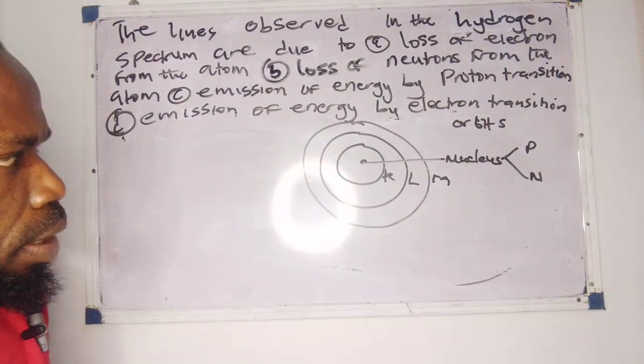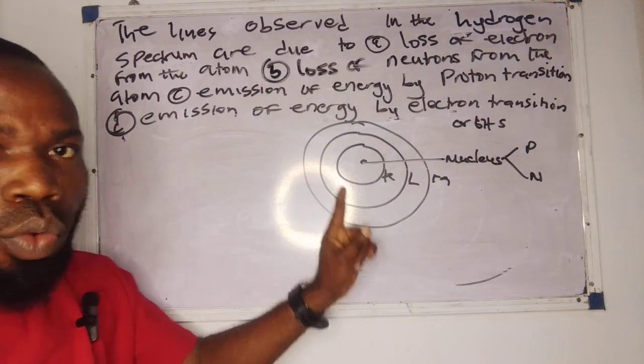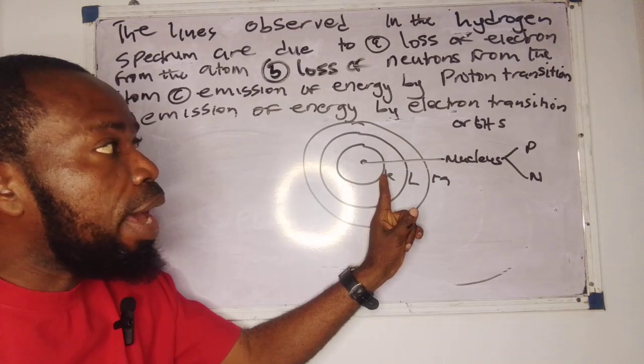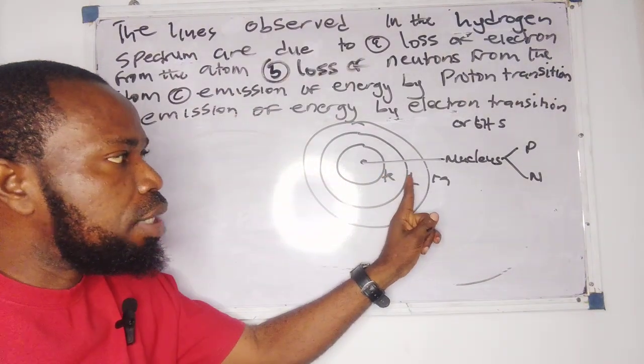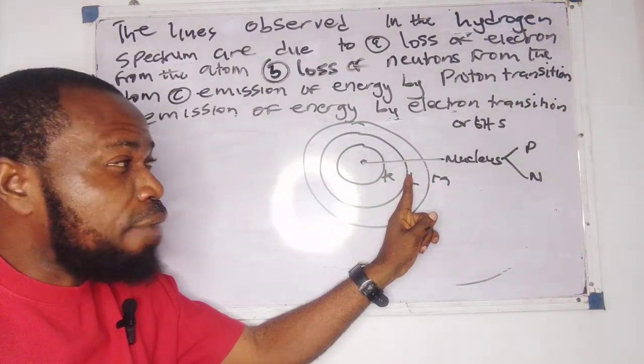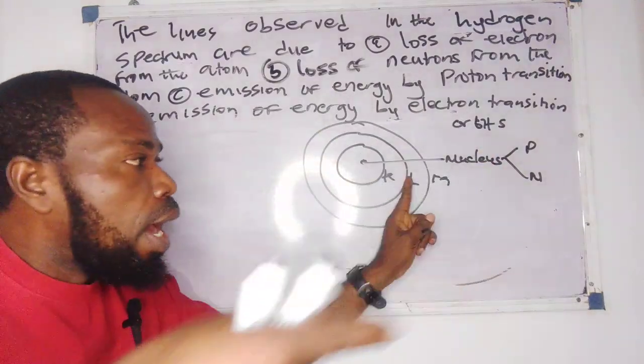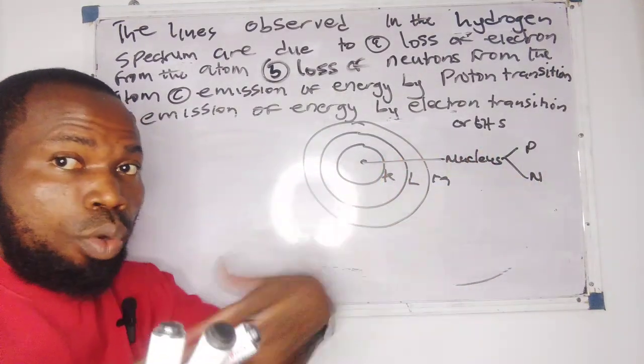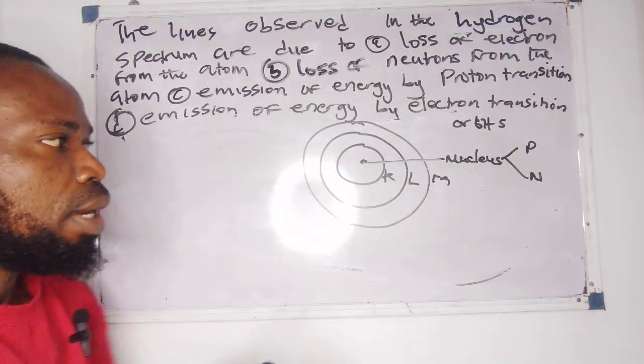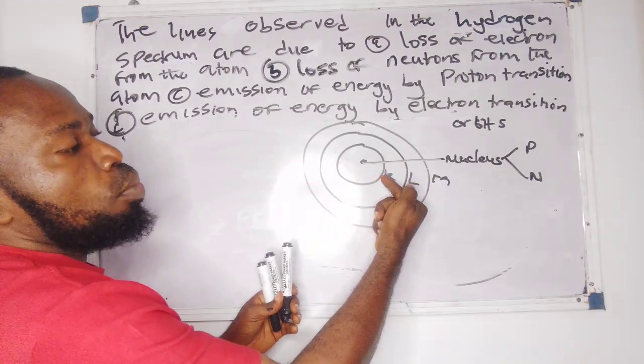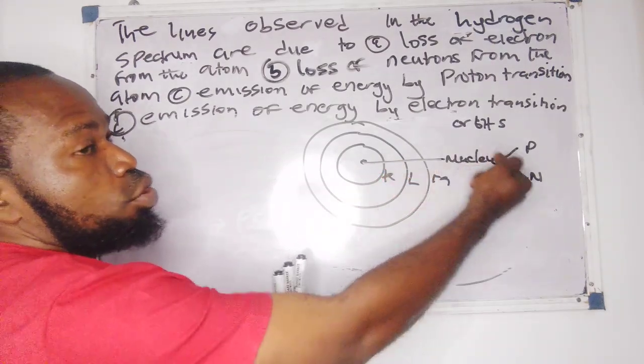Now, there are situations where electrons can move from a lower energy level to a higher energy level, and we say that the electrons have undergone excitation. During excitation, energy is absorbed.